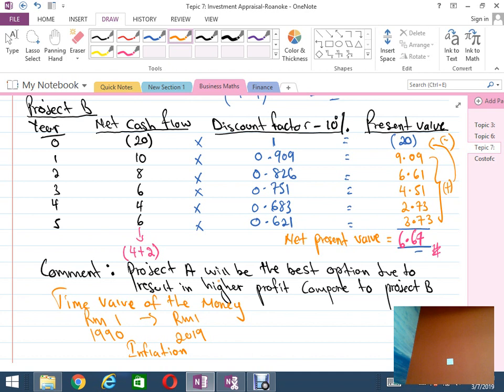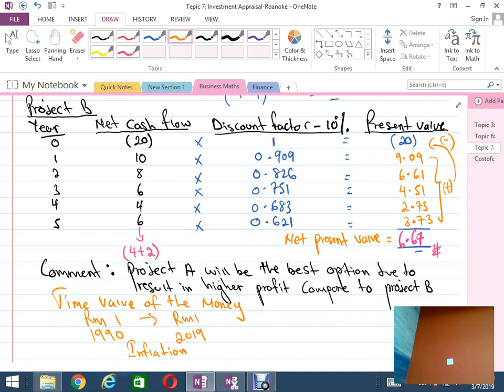So if you use this percentage and calculate back in the discount factor, you can see it will be nearest to 0 or 0. That's the idea of IRR. IRR is break even, correct?